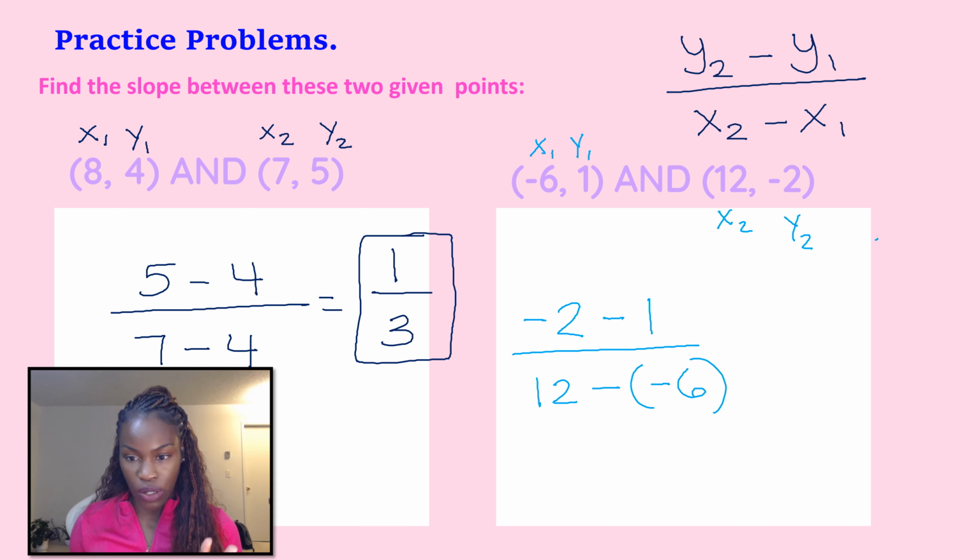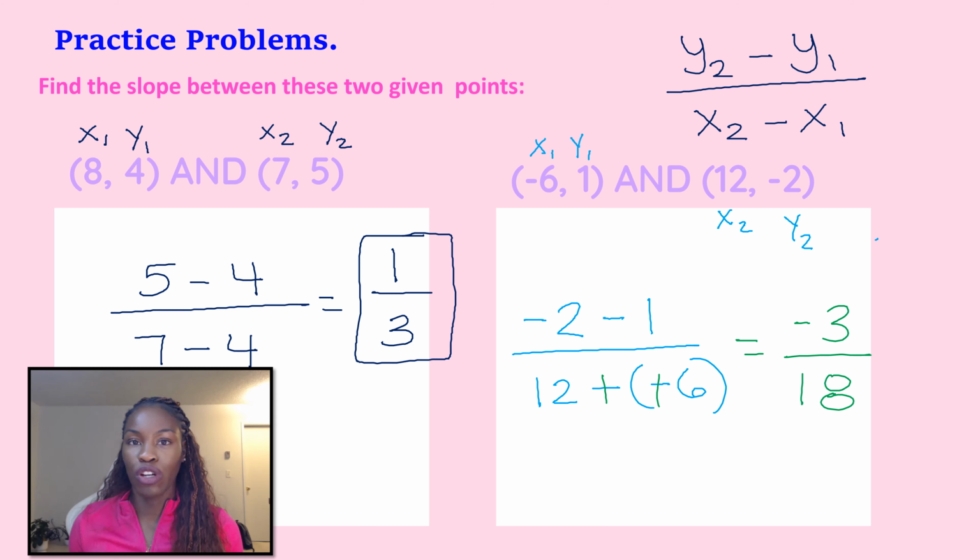So we have to make sure we don't miss that negative there. So -2 minus 1 is -3. And then 12 minus -6, whenever you're subtracting a negative, it's just the same thing as adding. So I'm just going to put plus, 12 plus 6 is 18.